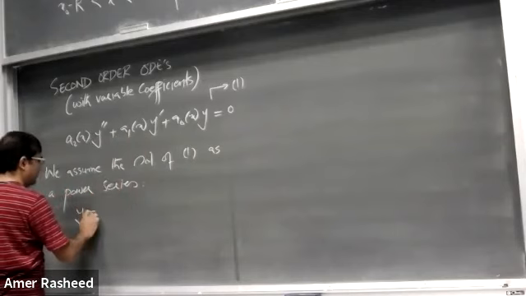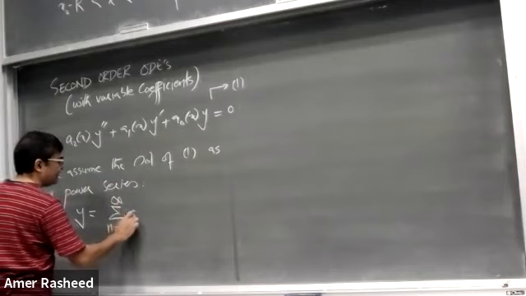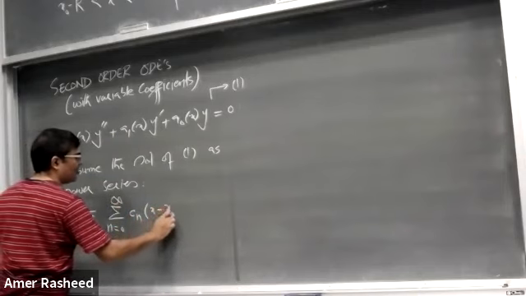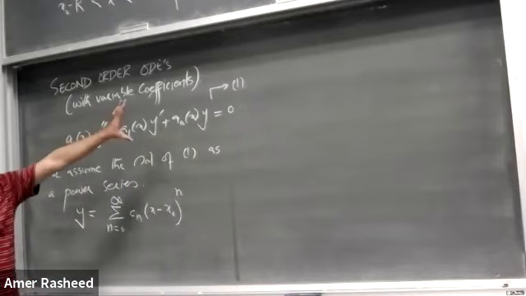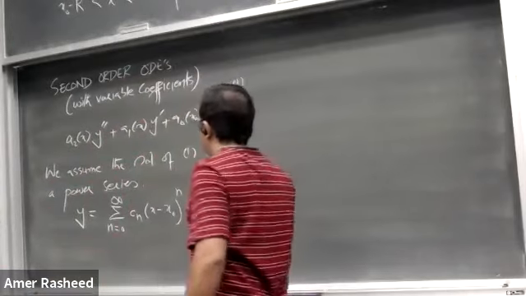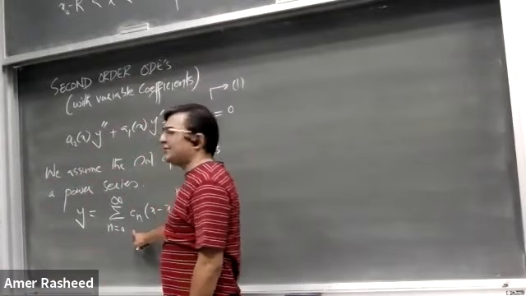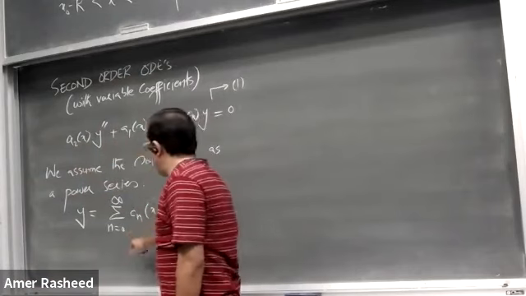What we assume is that y is equal to summation n from 0 to infinity c_n (x minus x naught) whole raised to n is the solution of this differential equation.